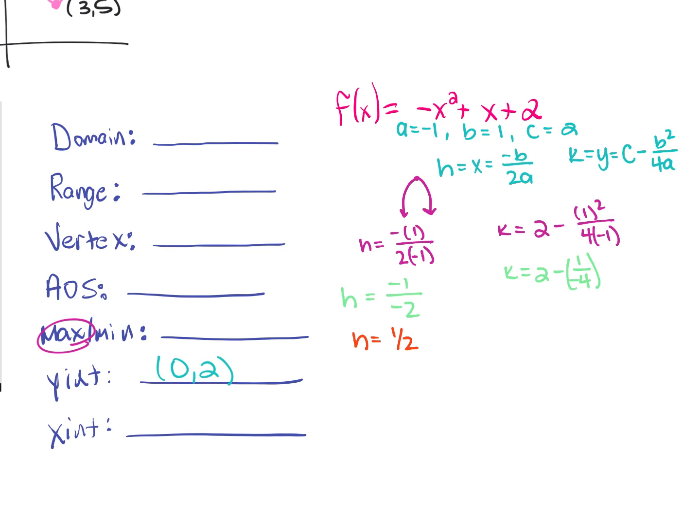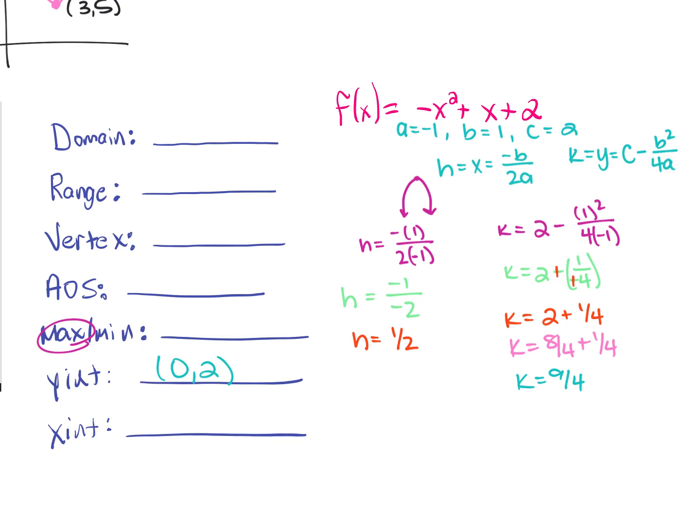Those two negatives turn into positives. So k is equal to 2 plus 1/4. If you want to turn this into an improper fraction, it would be 8 over 4 plus 1 over 4, which is just 9 over 4.